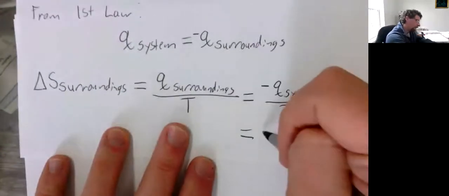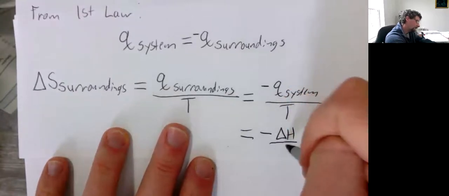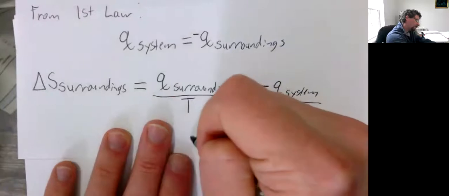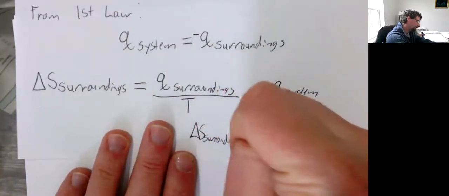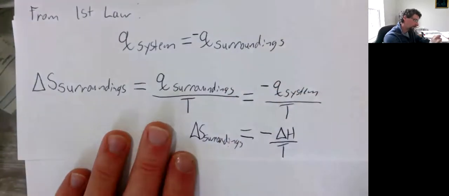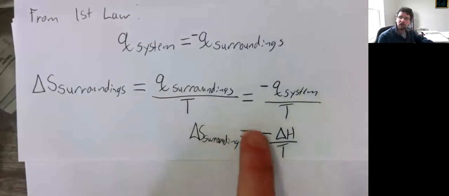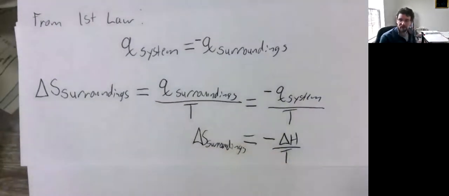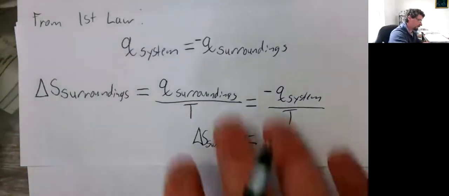So what we could say is at constant pressure, the change in entropy of surroundings is equal to the change in enthalpy divided by the temperature. Okay, we're almost there. So we can find a relationship between these things.